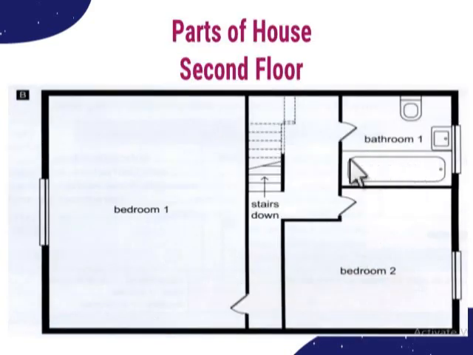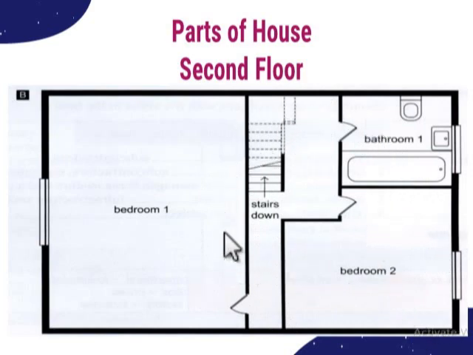And for the second floor, this is the main bedroom, and then this one is the second bedroom with the bathroom. And there will be connecting stairs down to the first floor. So this is my dream house.